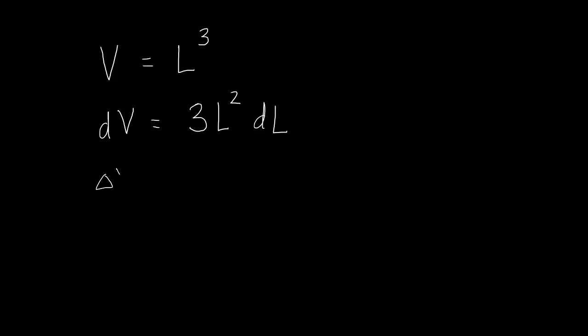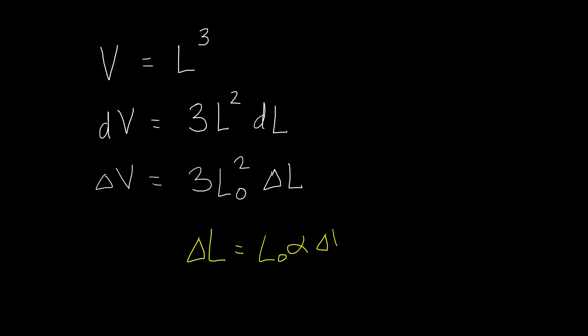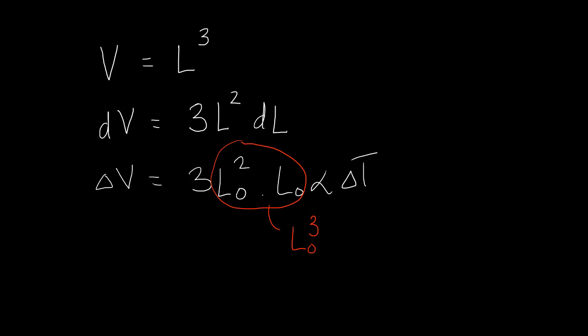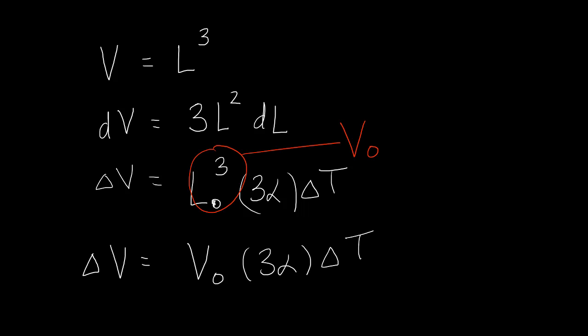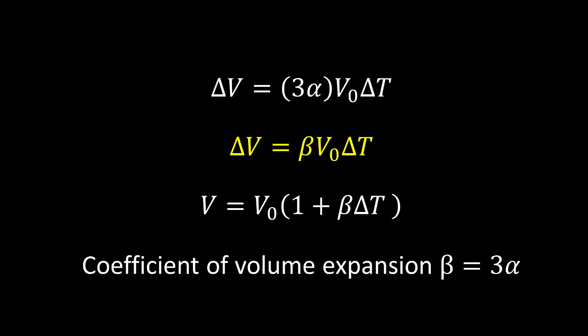Since delta V is small, we can then approximate it as delta V equals 3L naught squared delta L. Again, the linear expansion is given by delta L equals L naught alpha delta T. So delta V equals L naught cubed times 3 alpha times delta T. And we can write delta V equals 3 alpha times V naught delta T, or delta V equals beta V naught delta T, where beta, which is equal to 3 alpha, is the coefficient of volume expansion.